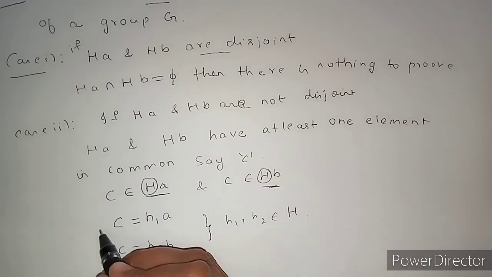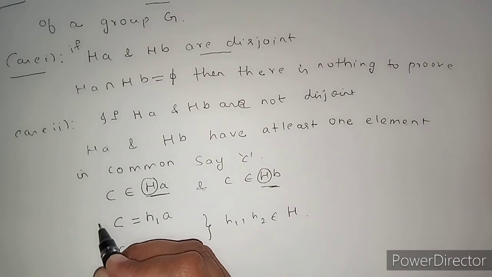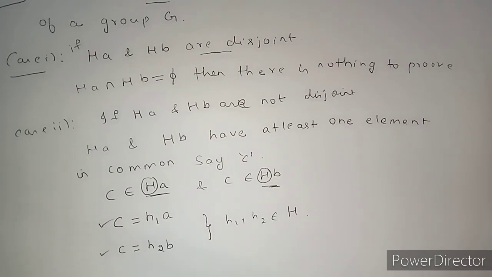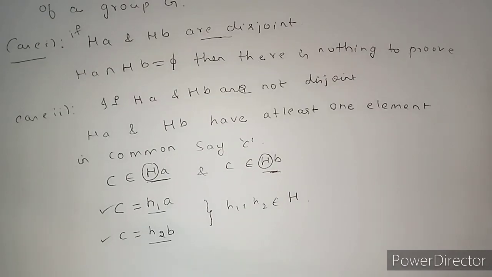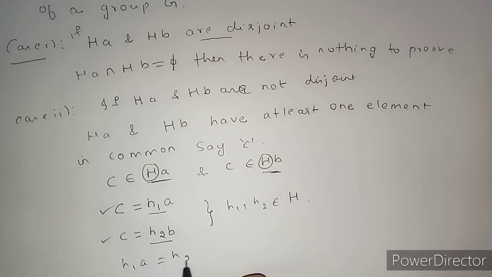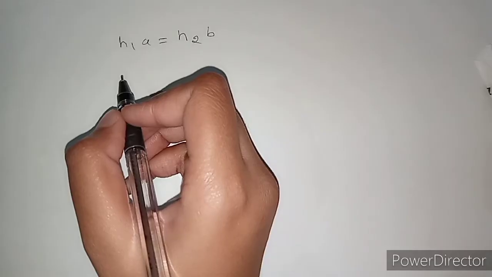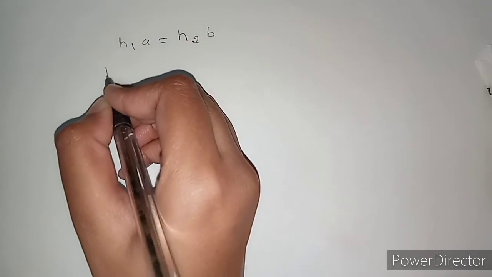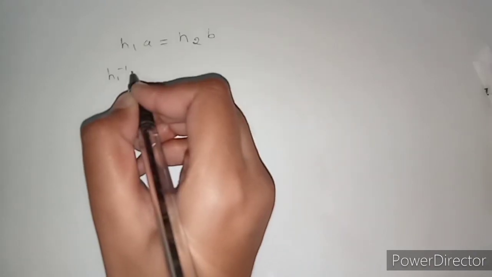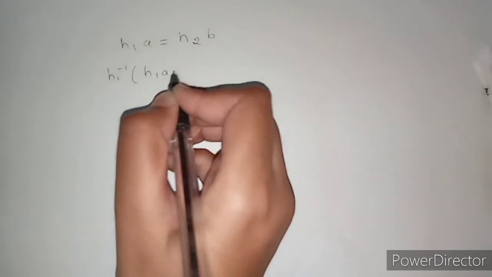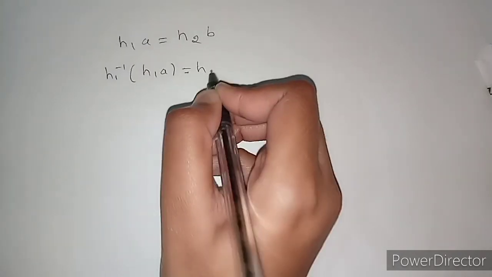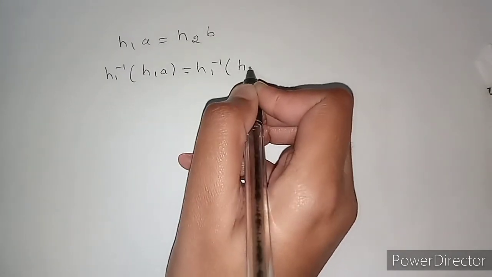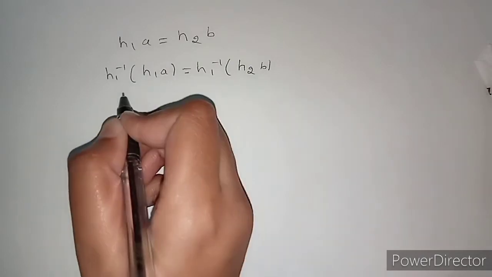Observe here. See, it also contains c. This element also contains c. So these two can be equated, right? So I am equating these two: h1a is equal to h2b. Now I am taking h1 inverse on both sides. h1 inverse into h1a, h1 inverse into h2b.